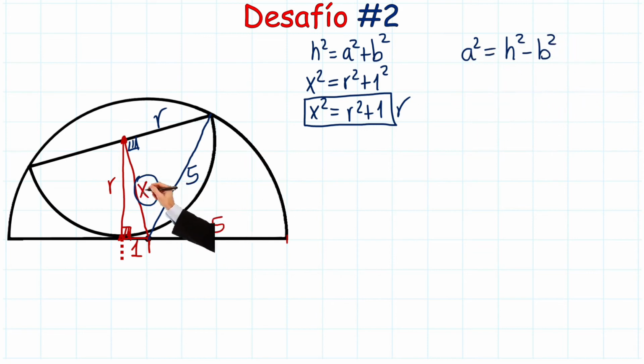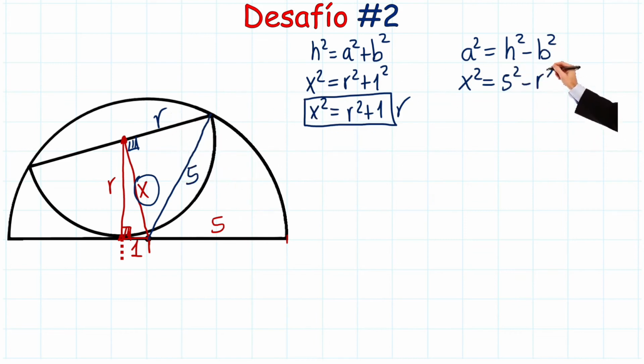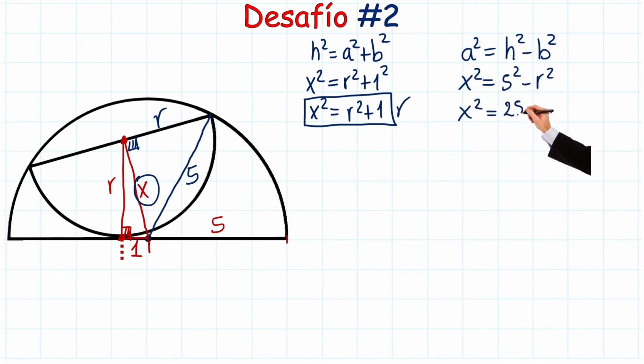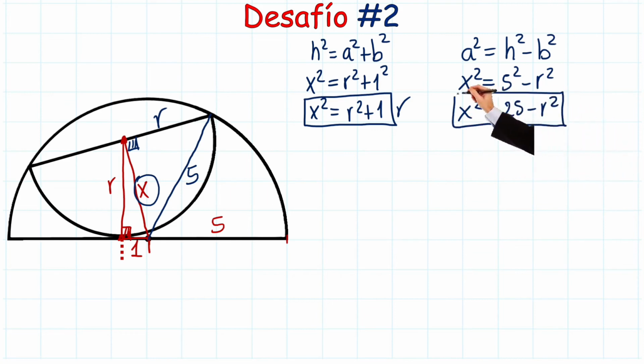Who's the side we're looking for? That one. And so I get x squared equals the hypotenuse squared, which is 5 squared, minus the other side squared, which is r squared. So we have x squared equals 5 squared, which is 25, minus r squared. Phenomenal and fantastic at the same time.